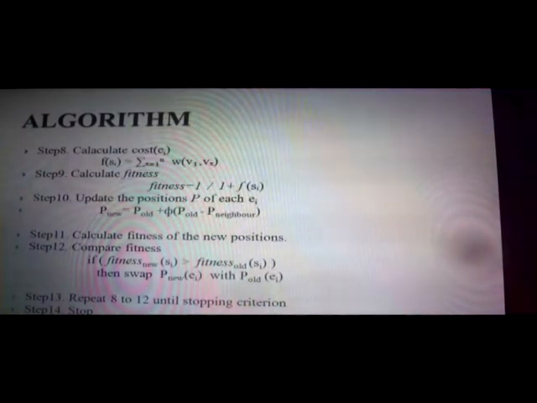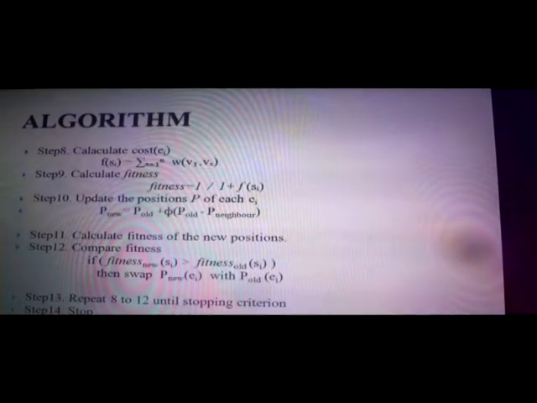Each spanning tree is selected and its position is updated according to the above plotted equation. The algorithm defines a position update process which will ensure the best position of the spanning tree. The position of the particular spanning tree is calculated according to the neighborhood spanning tree. In this equation, P new is the updated position from the existing position P old and neighboring position P neighbor.